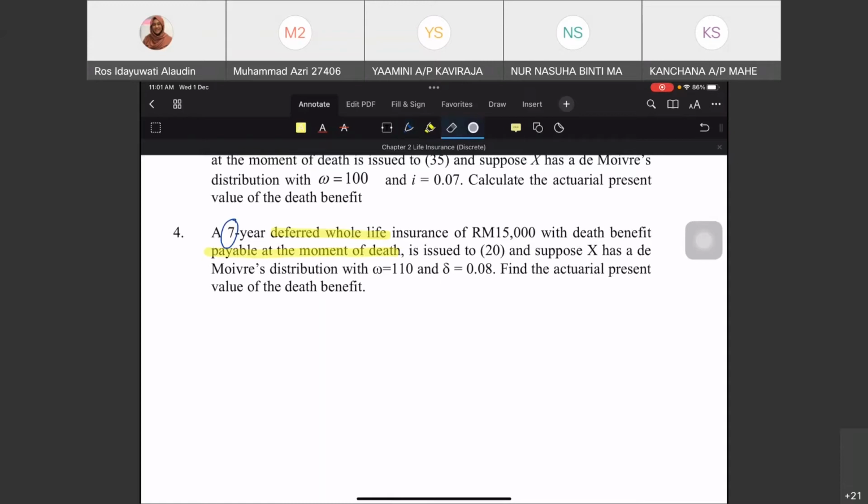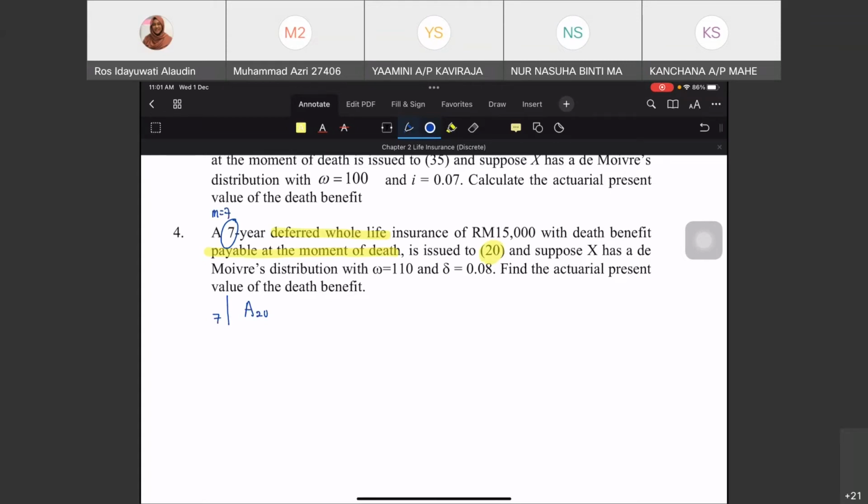So you write down first the notation AX. What is X? X is equal to 20. X is always in the bracket. If we don't mention the age, you know that what is in the bracket is X. So 20. The deferred must have this thing. How many years? 7 years. So m is equal to 7. Or we can use n or m.